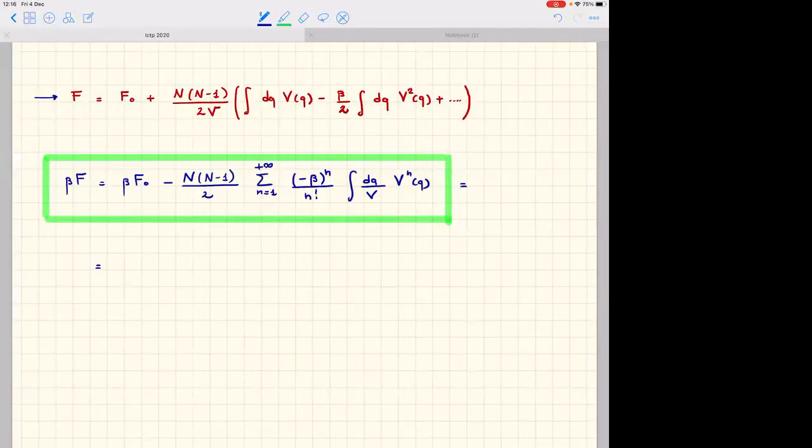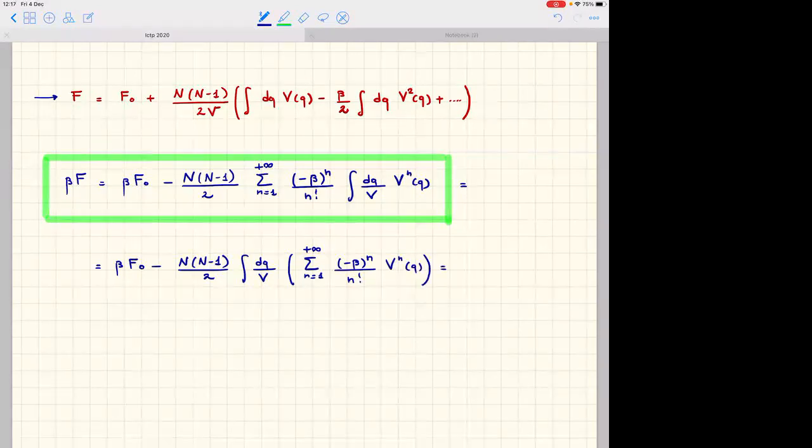Anyway, this one can be rewritten as follows: it is beta F naught minus N times N minus 1 divided by 2, integral dq over V, times the sum over n from 1 to plus infinity of minus beta to the n over n factorial, v^n of q. And this is equal to what? Well, this sum, I know how to do it.